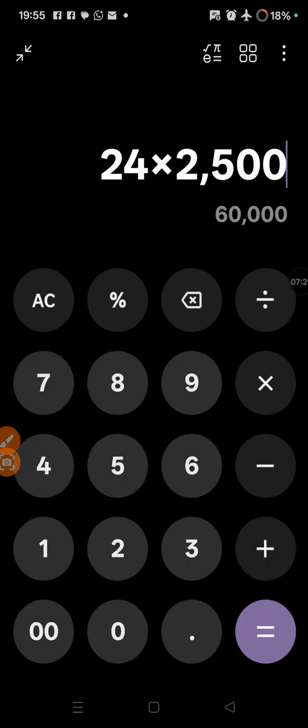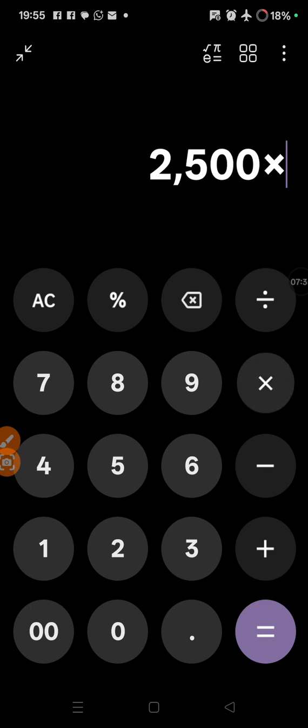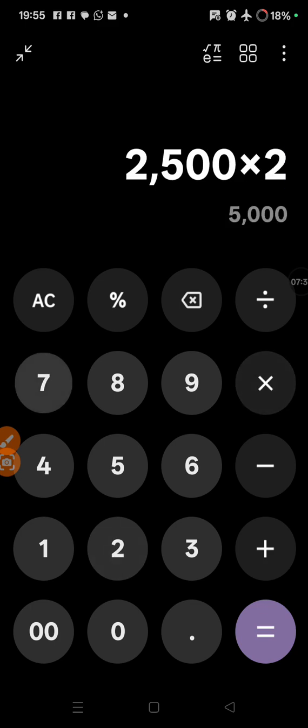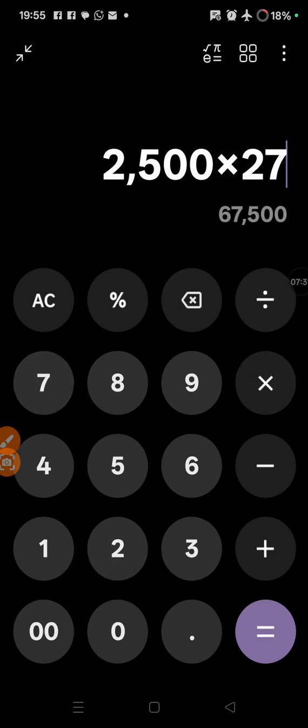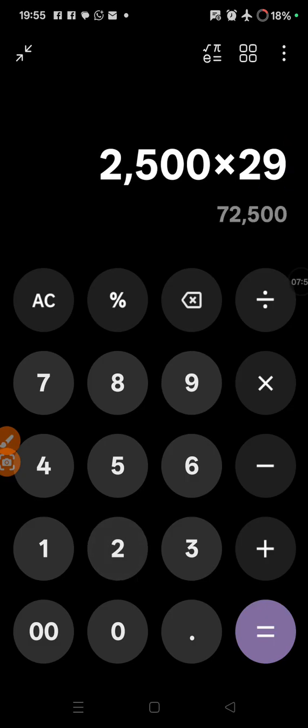Now what is the capital of M? 2,500 into 27, it is 67,500. And what is the new capital of N? 2,500 into 29. So his capital is 72,500.